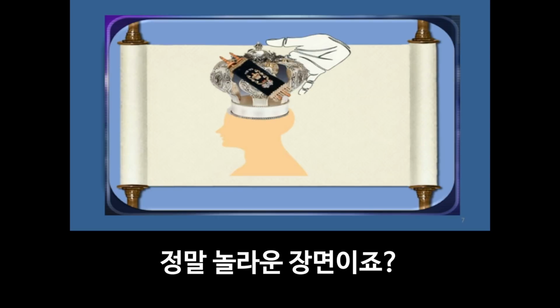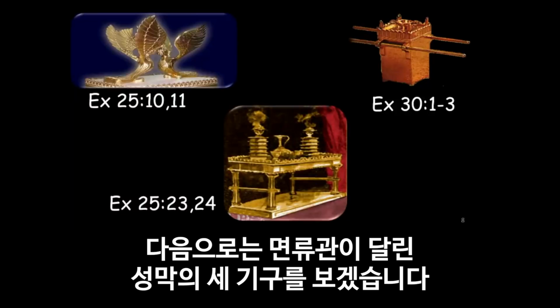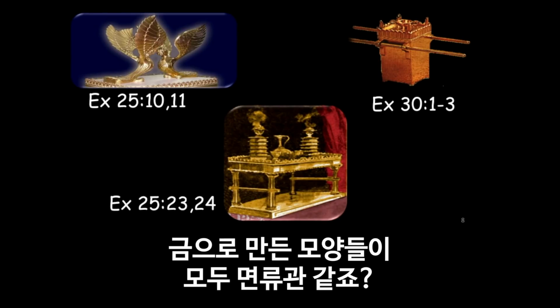Pretty amazing picture. Then we're going to see that there were 3 vessels in the tabernacle that had crowns. And if you'll notice on those pictures, I hope you can see the detail, the little peaks that go around the molded gold. They're beautiful. Every one of them looks like a crown.